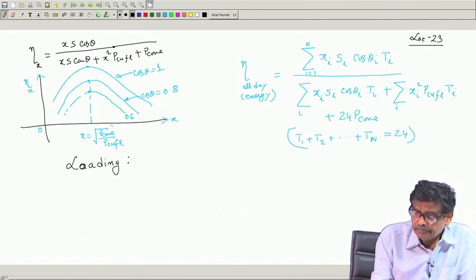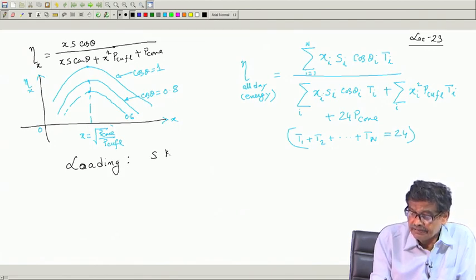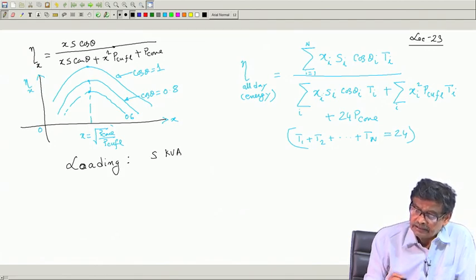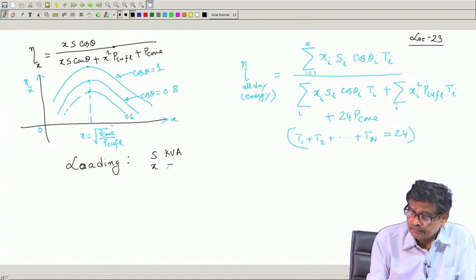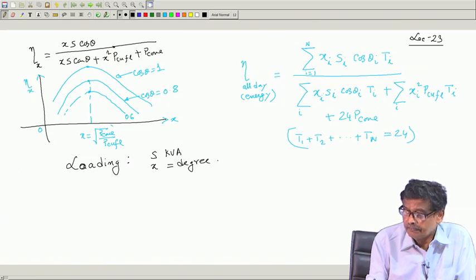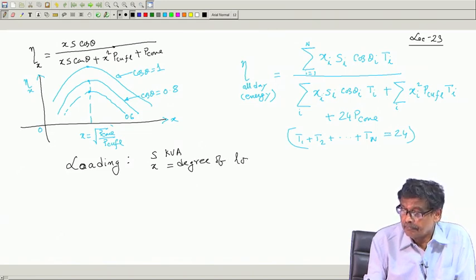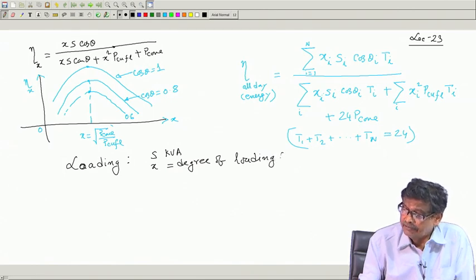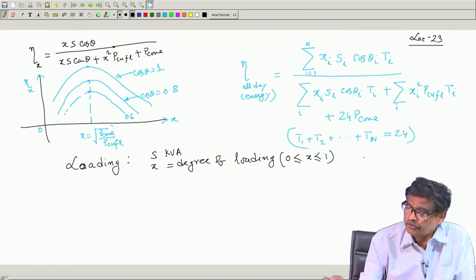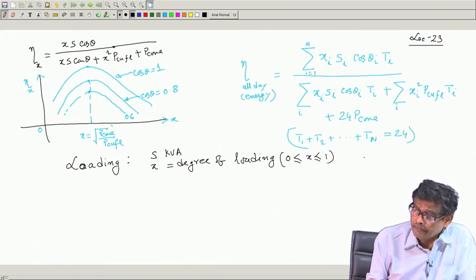If the rated kVA is S kVA, then x is the degree of loading, and this value is 0 to 1. 1 corresponds to full load and so on, 0 corresponds to no load.